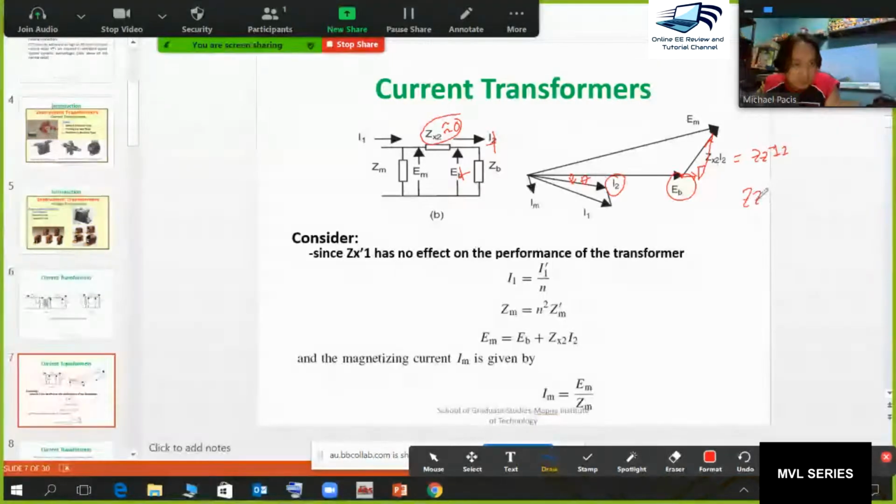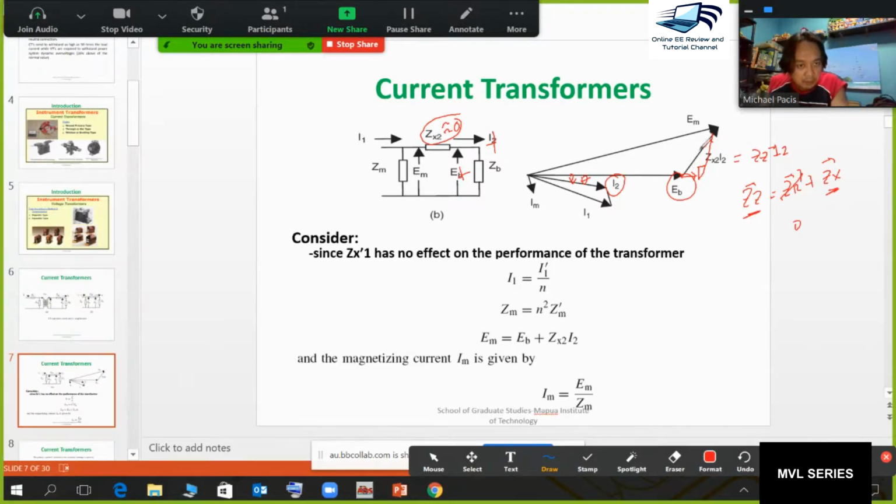Your Z here must be ZR plus ZX in terms of polar or vector representation. But ZR is 0, so whatever your impedance is, it is also your reactive value, because only the reactive value is present.